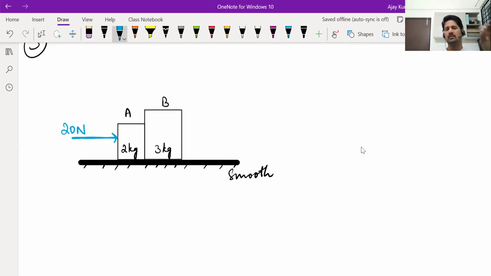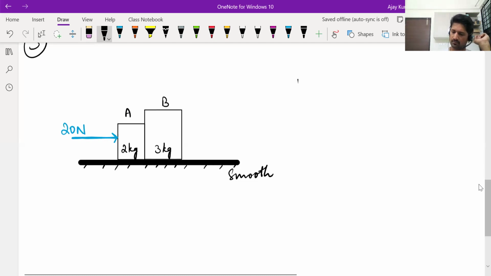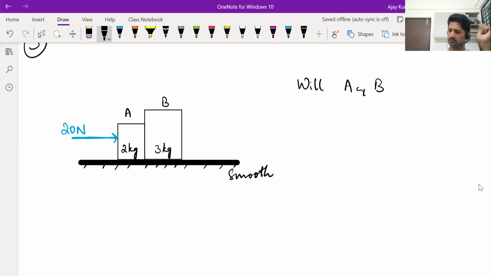Now tell me, will A and B push each other? Will they exert normal force on each other or not? Yes, sir. Okay, others also think and give your answers.